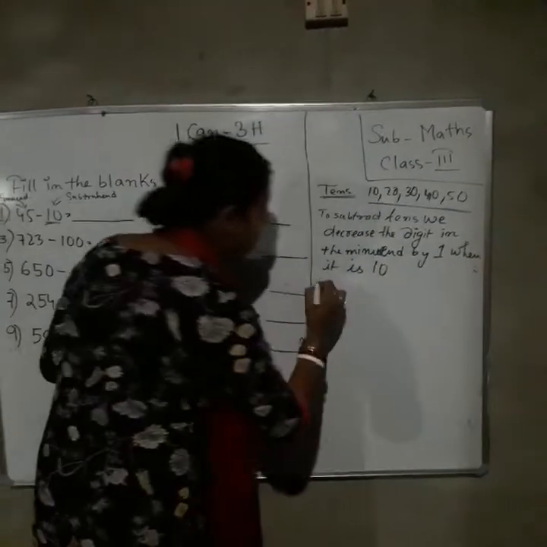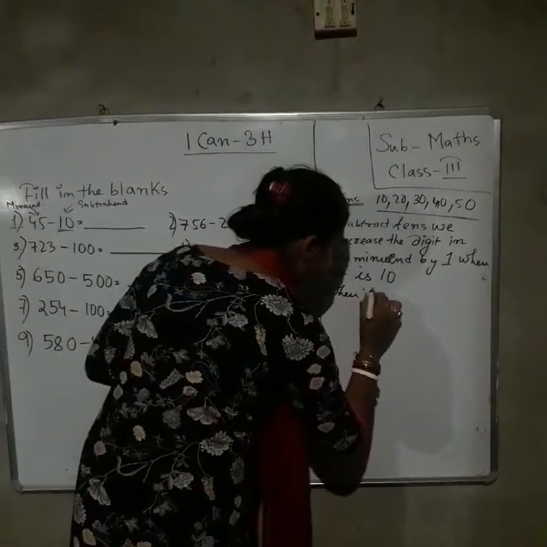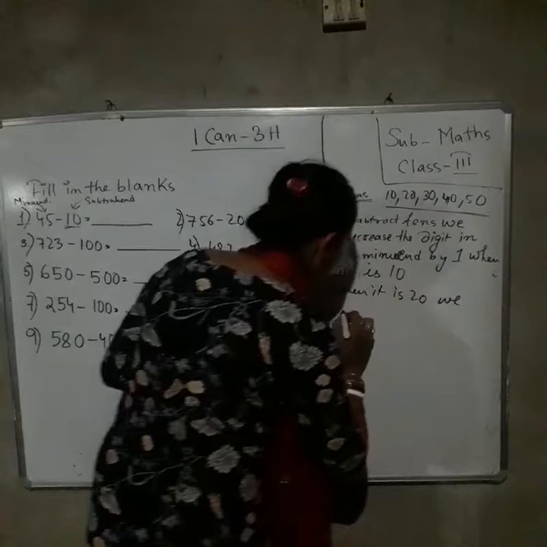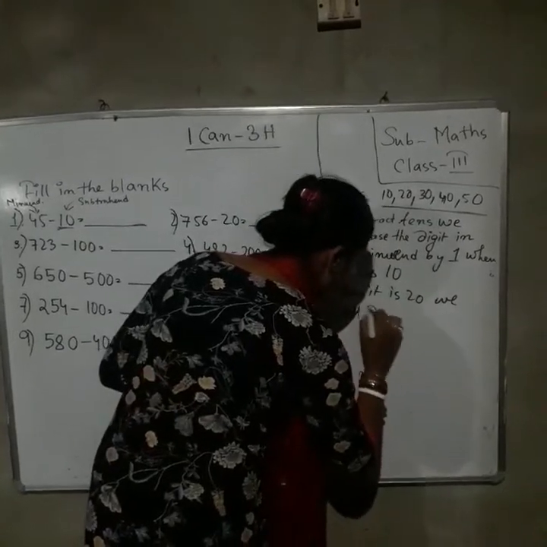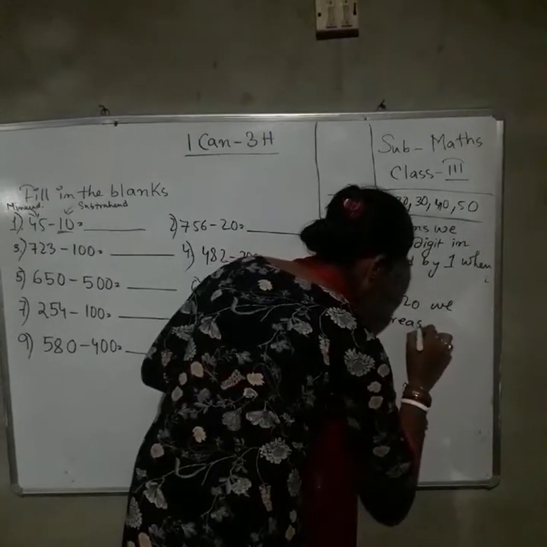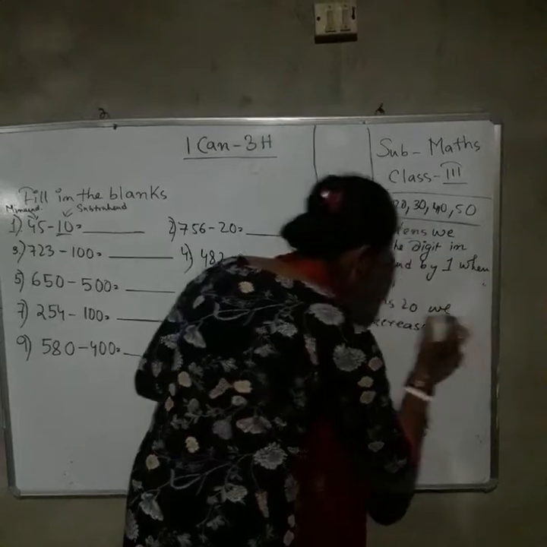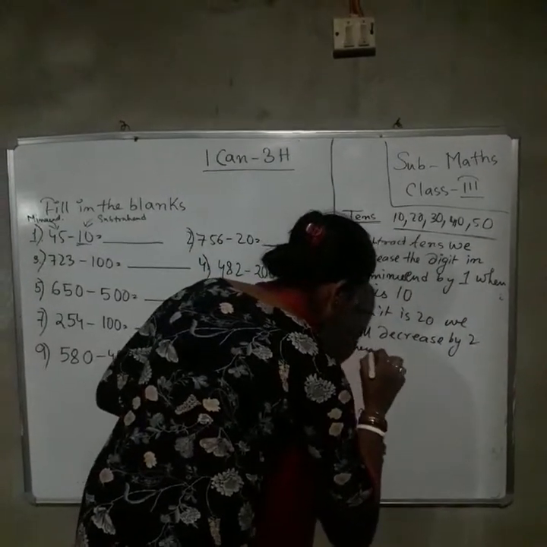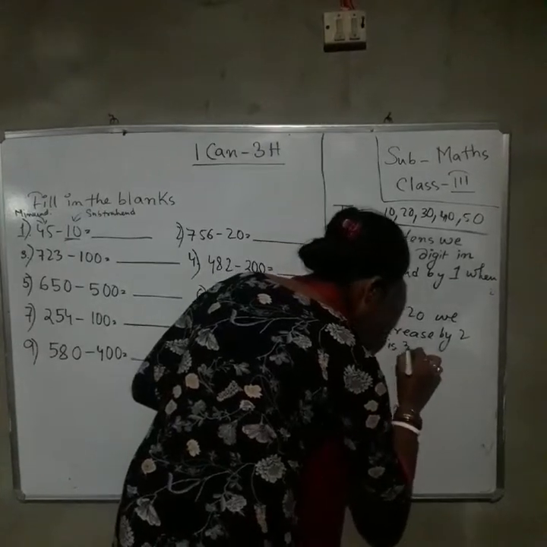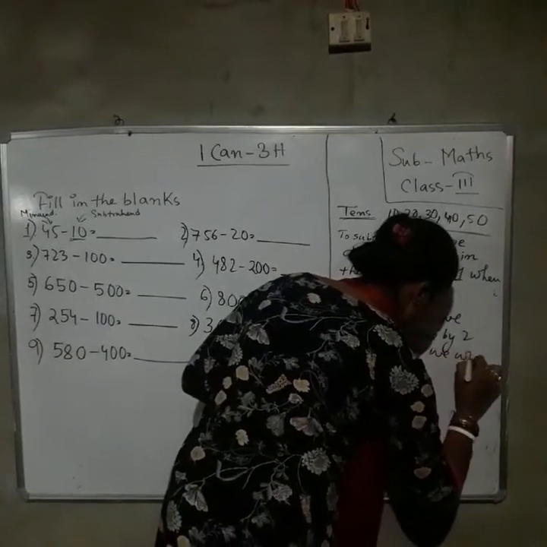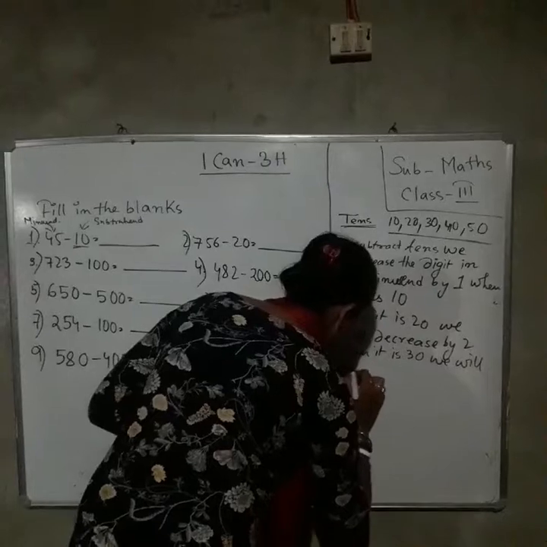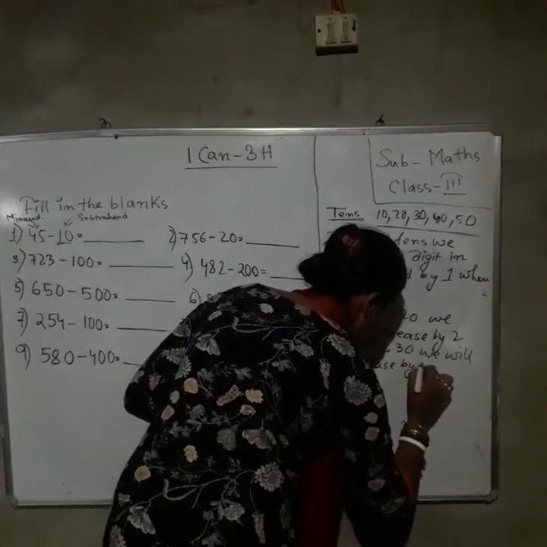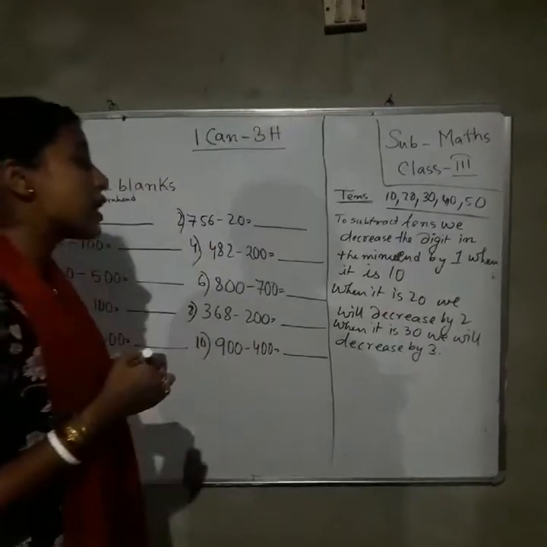Like this it will continue. When it is 20, we will decrease by 2. Then like this it will go on. When it is 30, we will decrease by 3. Okay, like this it will go on.